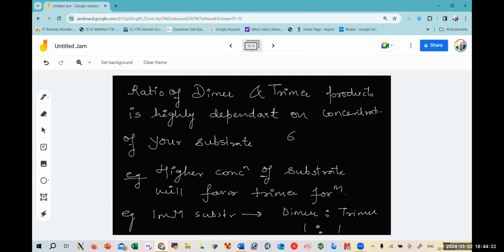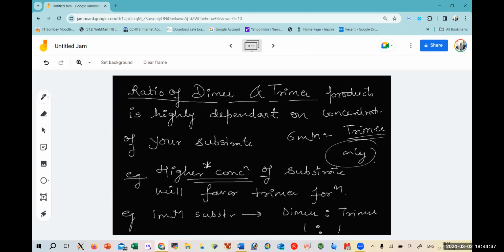And if I am having 6 molar, then trimer product is the only product being formed. So this is where the concentration is the highlighting feature of having different ratios of the dimer and trimer product. So this is the important factor in the tandem reaction.